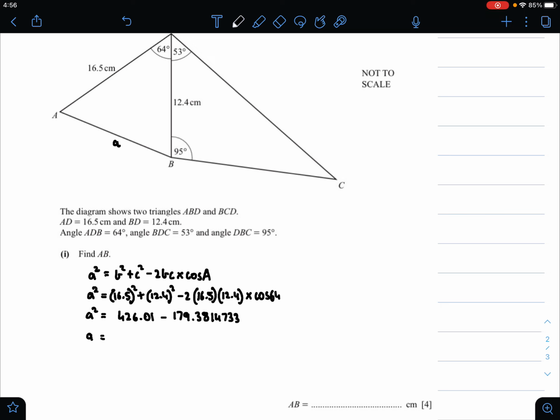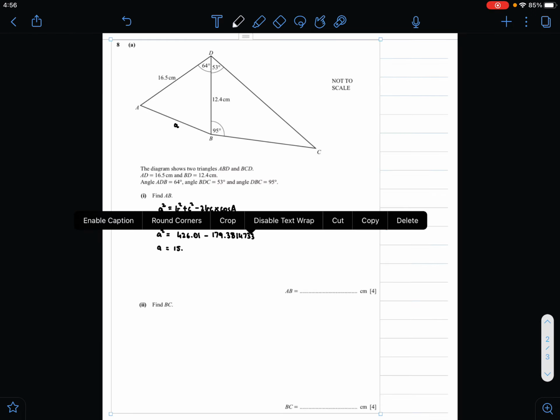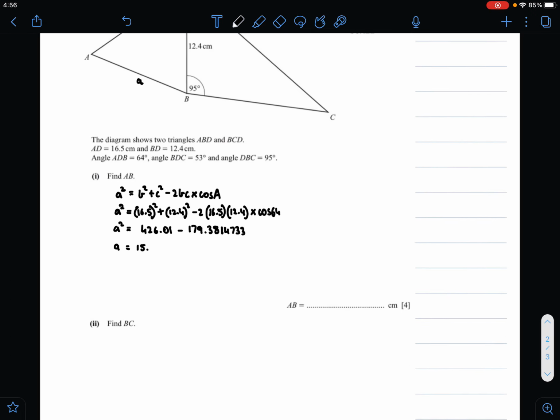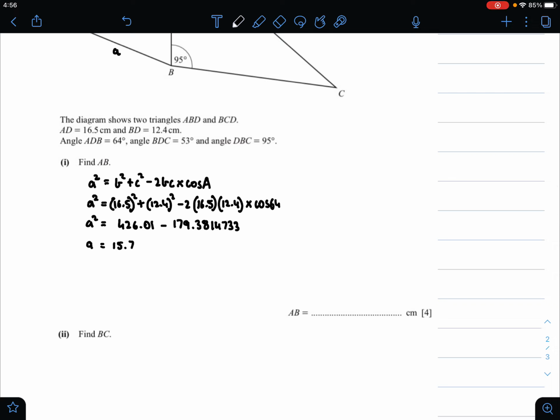Therefore a would be equal to the root of the difference. So 426.01 minus 179.38147, and the root of that would be equal to 15.77044.